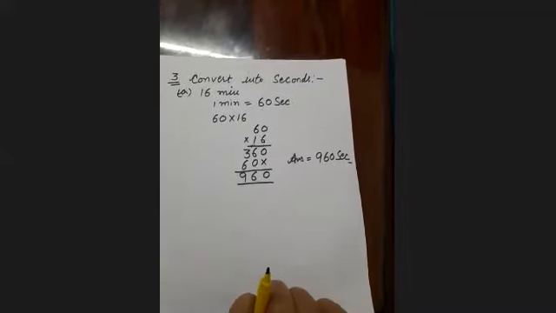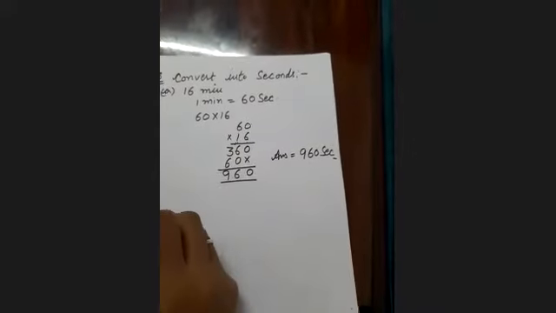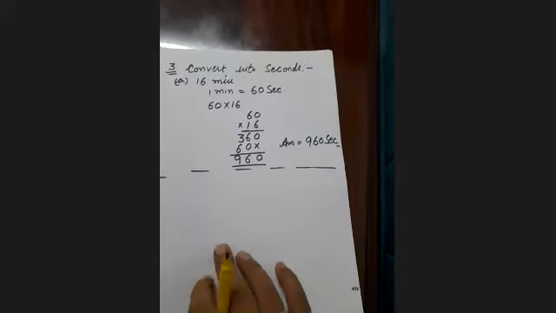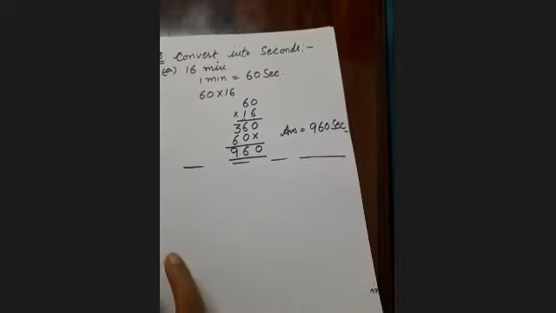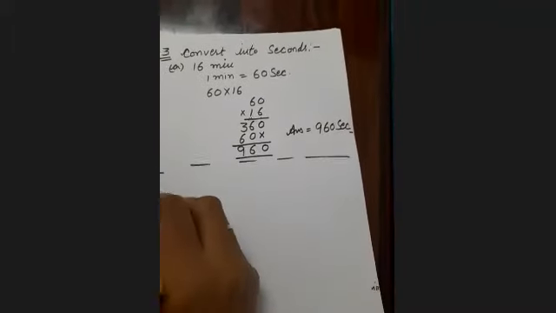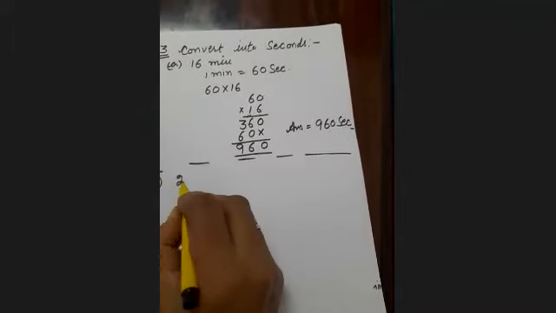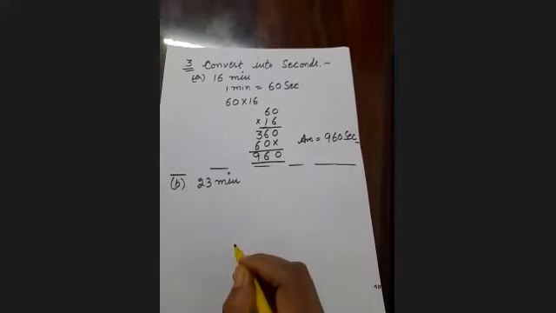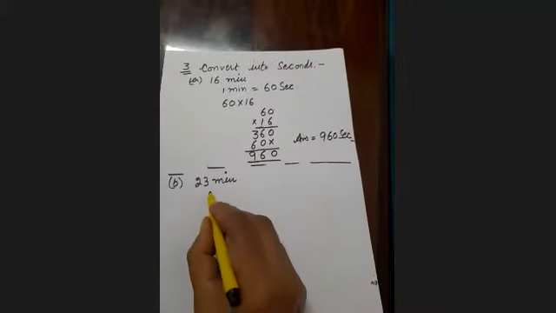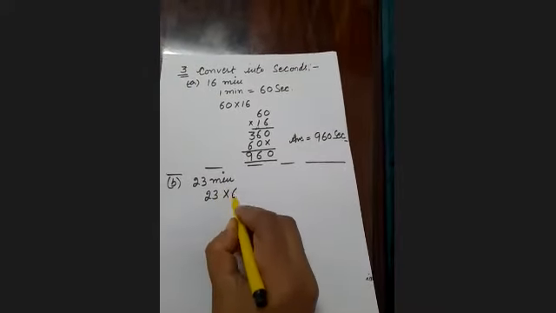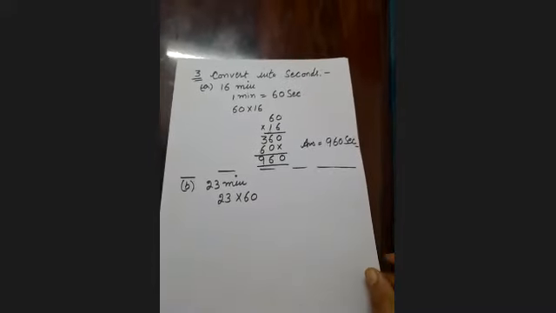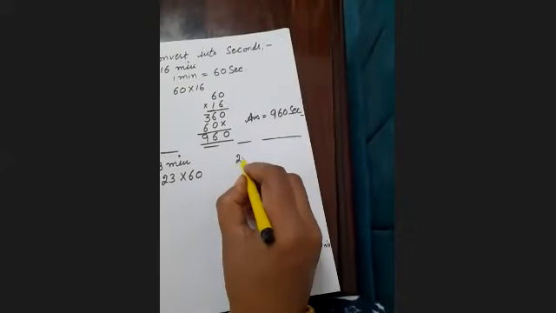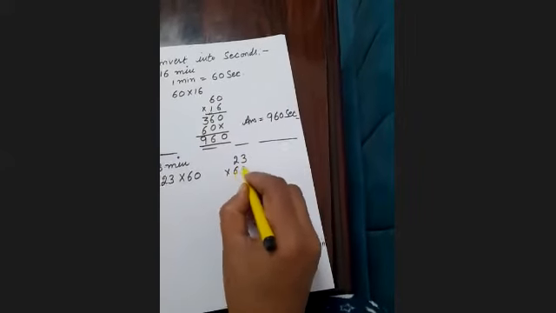Next is part B. Now we have 23 minutes. Now convert 23 minutes into seconds. Now friends, 23 into 60. 23 multiplied by 60.